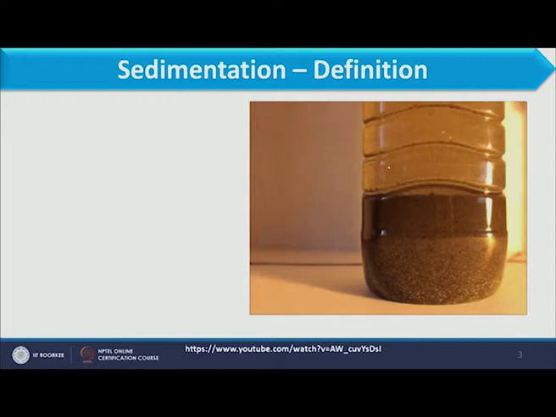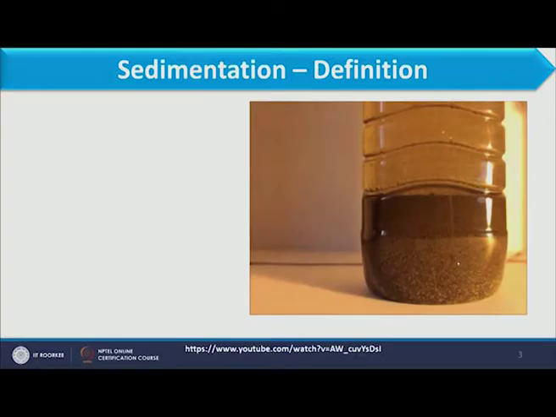Therefore if you consider this particular diagram, what is appearing is one bottle where we have put the slurry, and that slurry is completely mixed with the solid as well as the solvent. So this slurry we have put over here and we rest it for some time, and after that we can get the particles at the bottom.